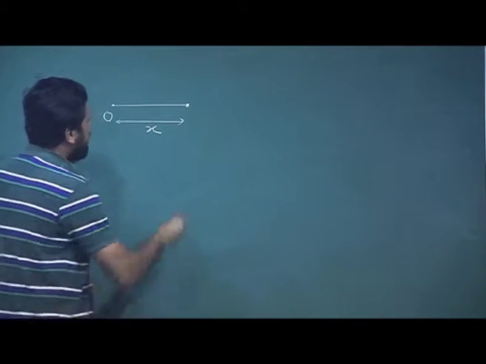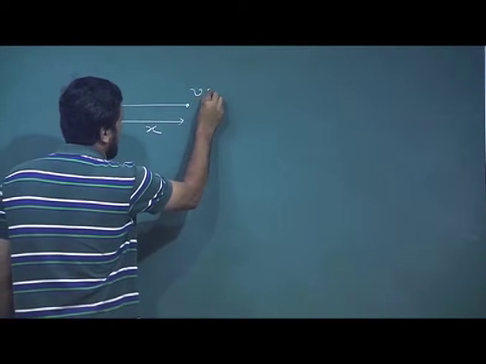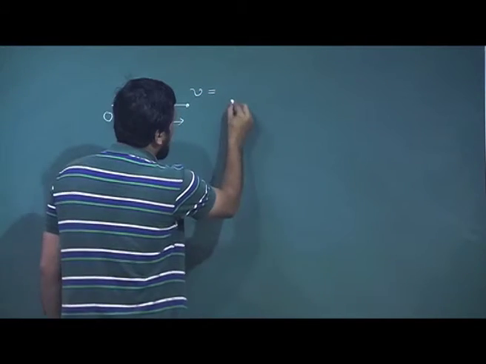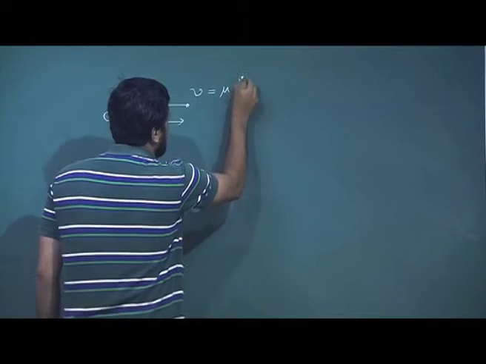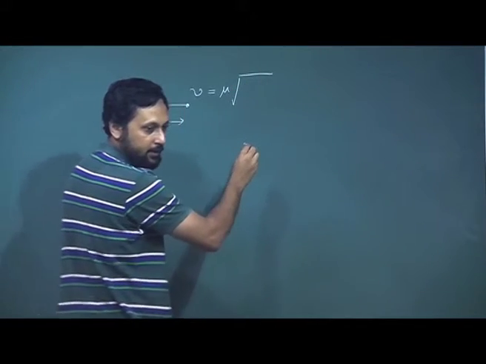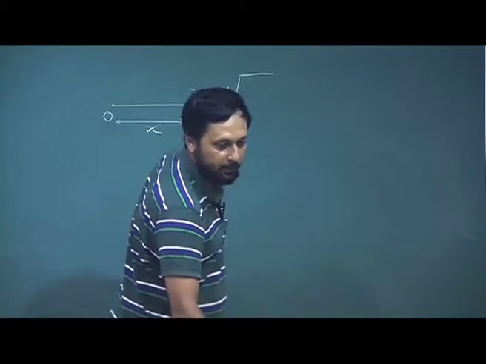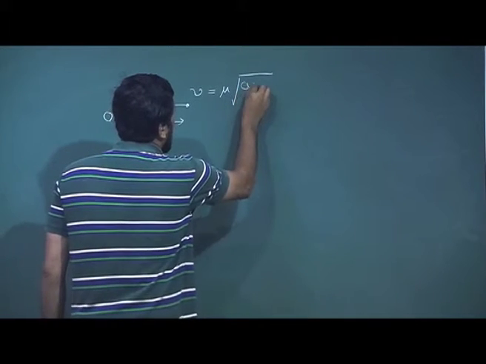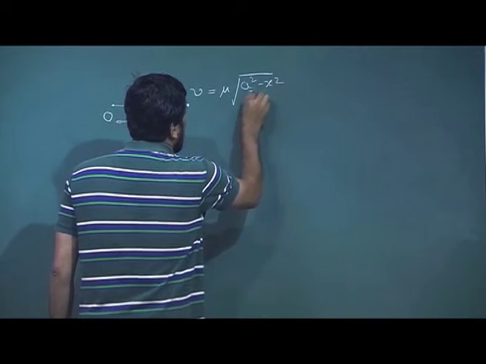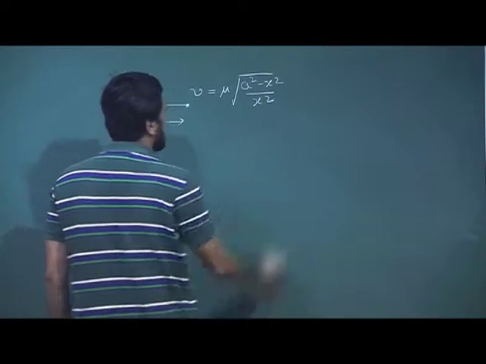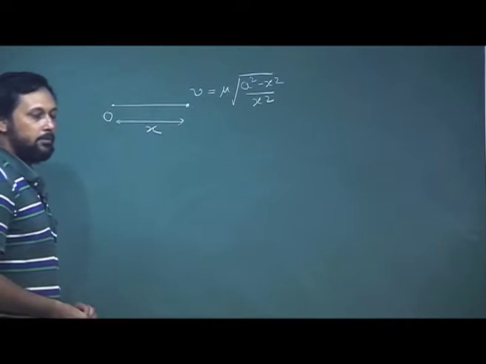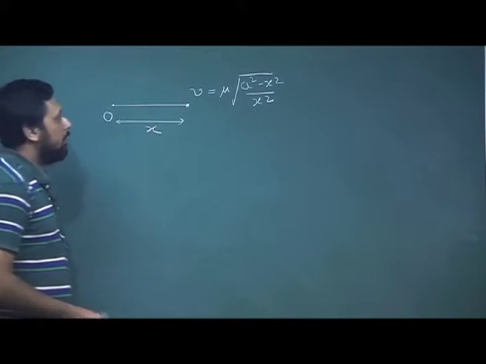So, the velocity v at this point is given as some constant mu times root over s square minus x square by x square. What we need to do is find the law of force. It is very simple.